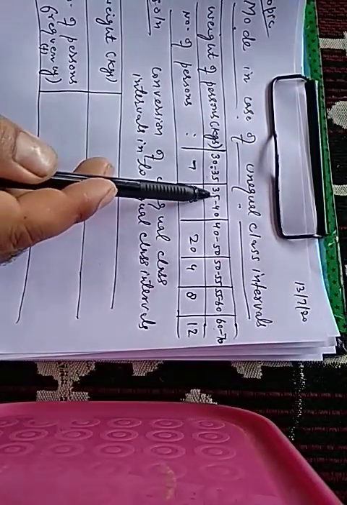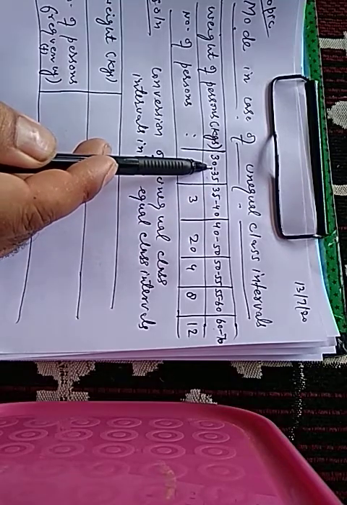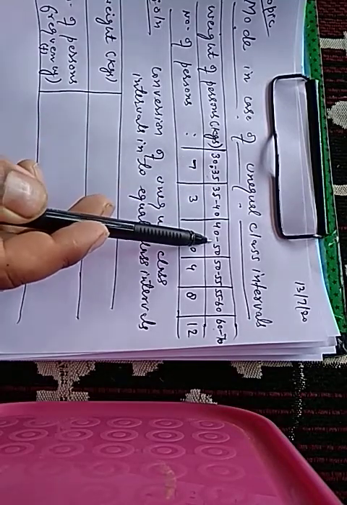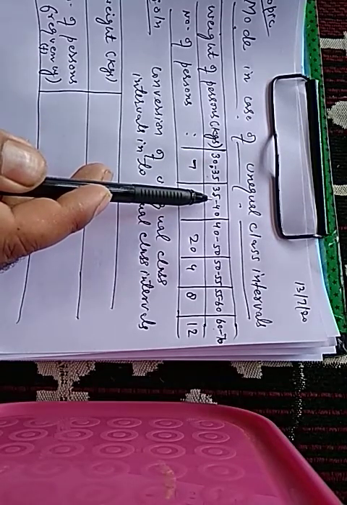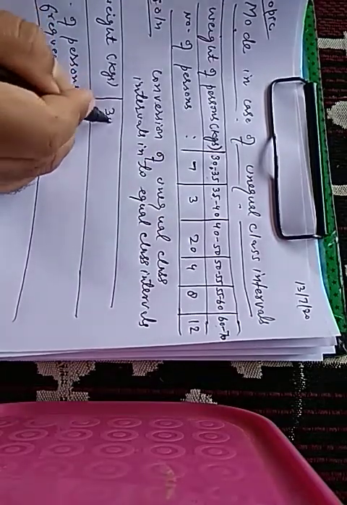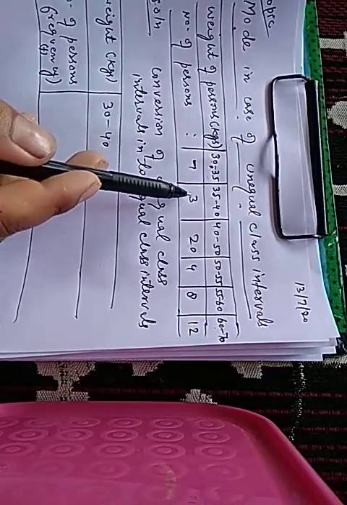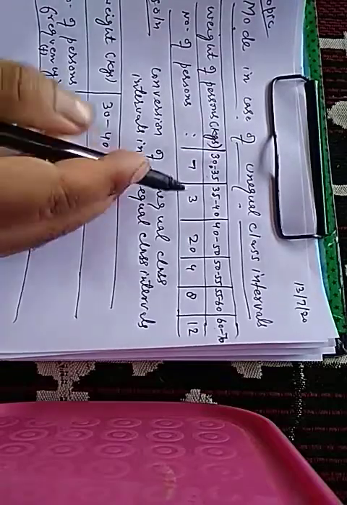These are the lowest class intervals. Their difference is only 5. Here the difference is 10. Therefore, we have to club up these lowest class intervals. We will write it as 30 to 40. Now, its frequencies will be added. 7 plus 3, it will be equal to 10.